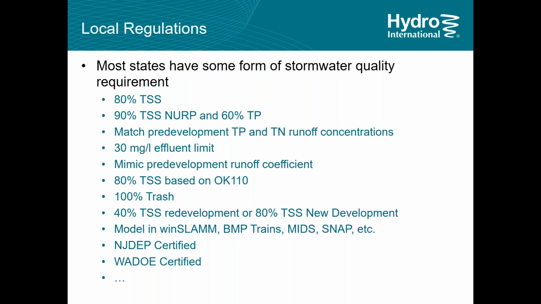And then we have certification processes, with people like the New Jersey Department of Environmental Protection and the Washington DOE, which are probably the most common, actually worldwide recognized testing authorities and approval authorities that certify the performance of BMPs.